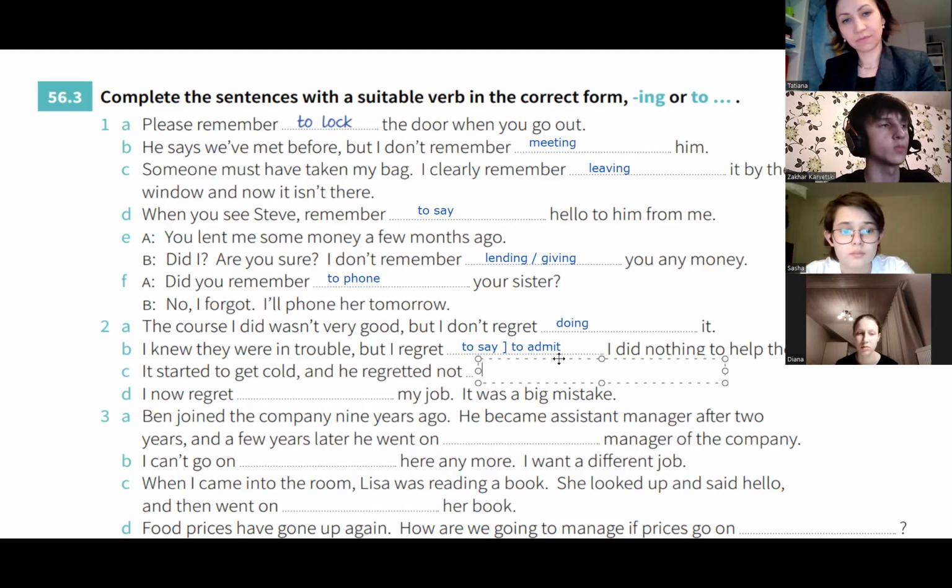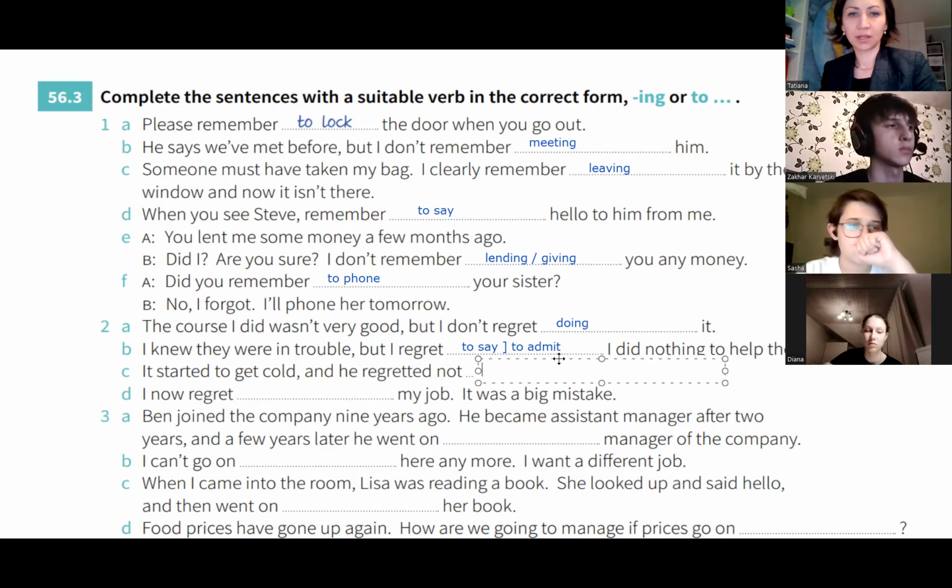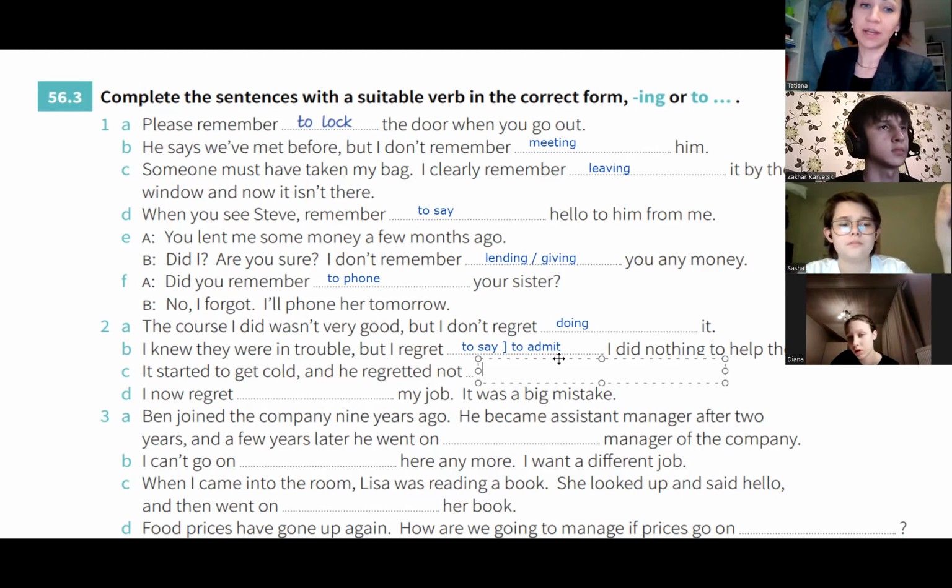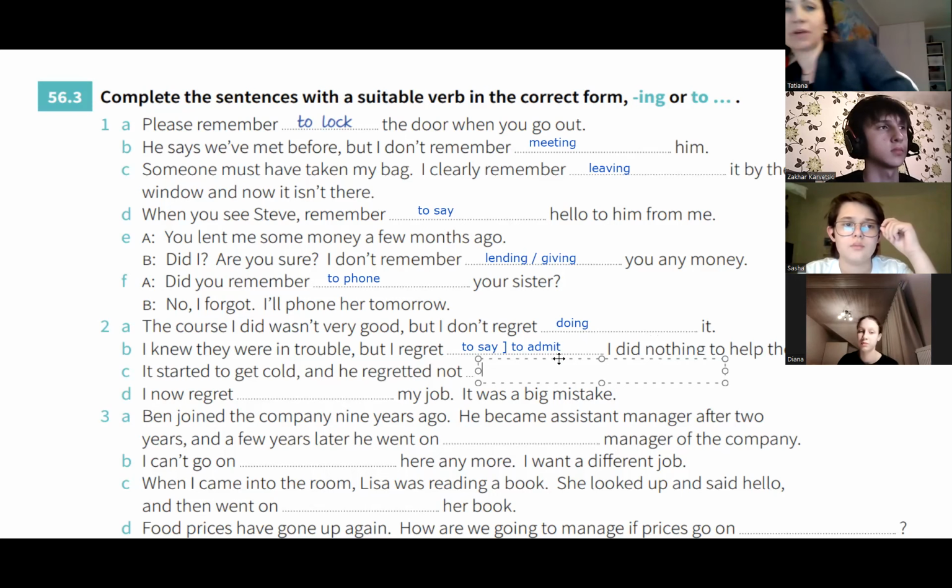After. First you did something and then you regret. When you say I regret to do, it's like you regret about what you are about to do, regret about the future. And regret doing is regret about the past.